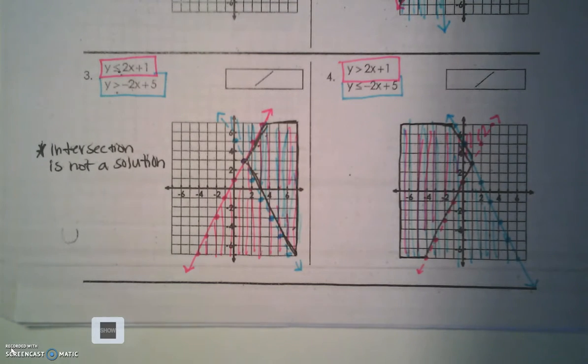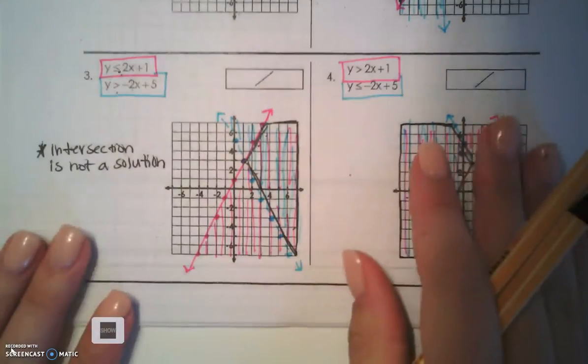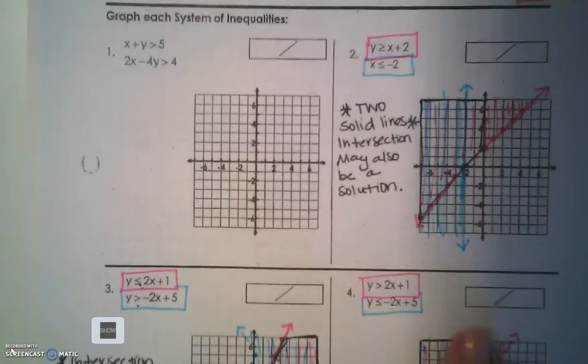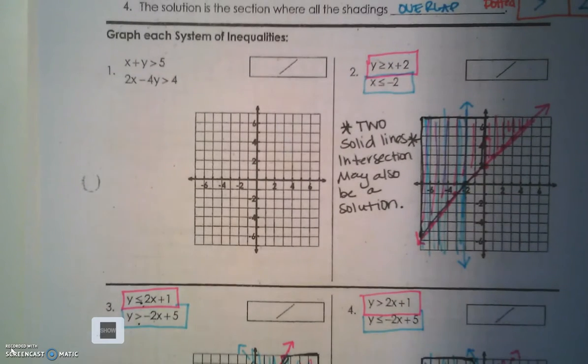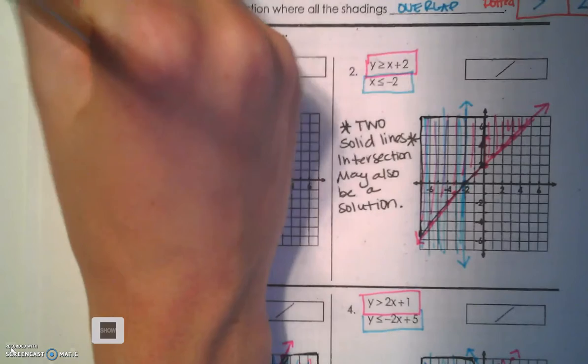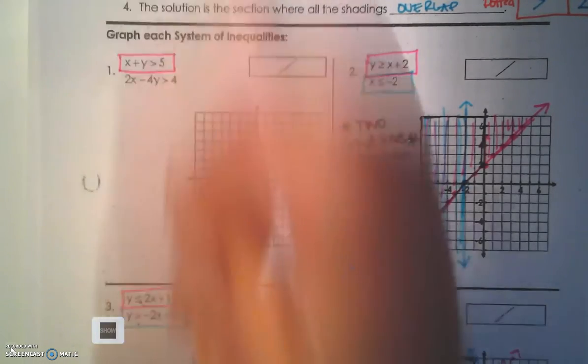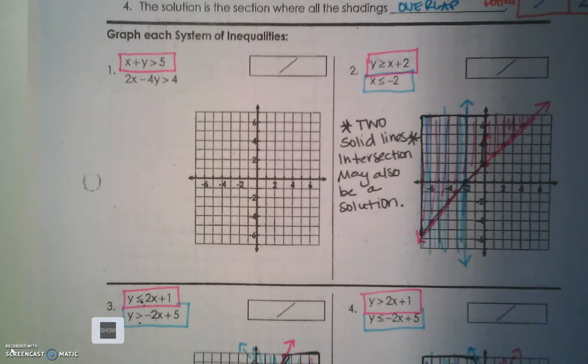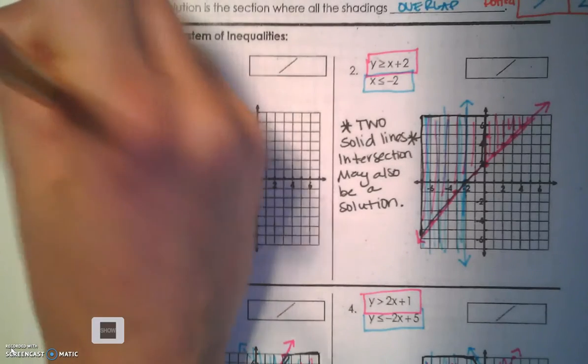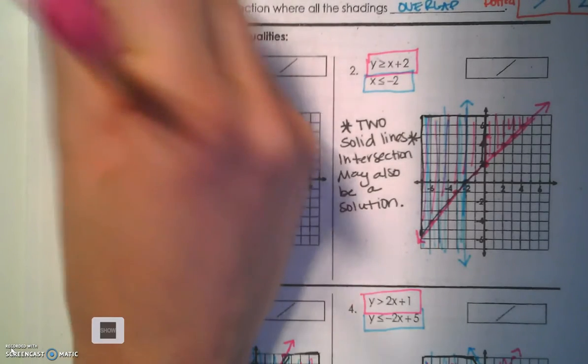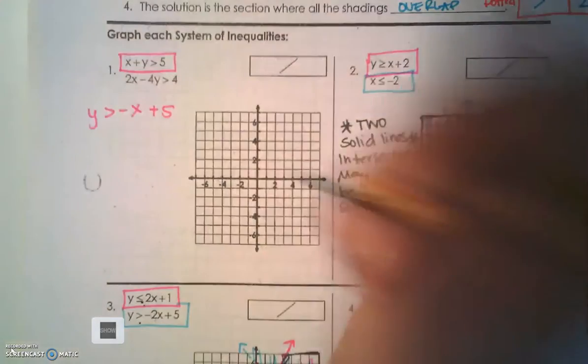So let's finish these notes by reminding ourselves how to solve for y and graph. So we're going to look up here at example number 1. In this first example, I need to get y by itself. So I'm going to subtract x. I'm going to get y greater than negative x plus 5. And I'll graph it.